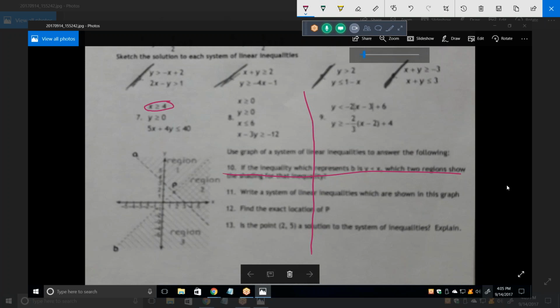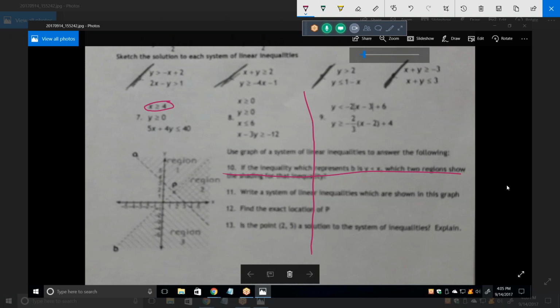What does x equals 4 look like? Remember, x equal numbers are vertical lines. Y equal numbers are horizontal lines.